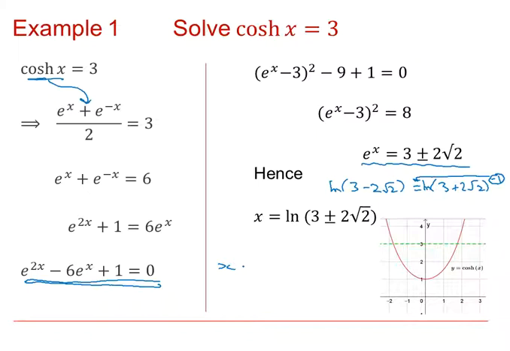In other words, you could write this solution as x equals plus or minus ln of 3 plus 2 root 2. So the nice symmetrical solutions for x are a bit more obvious now, and we can see that we're looking for the plus and minus values on the graph.